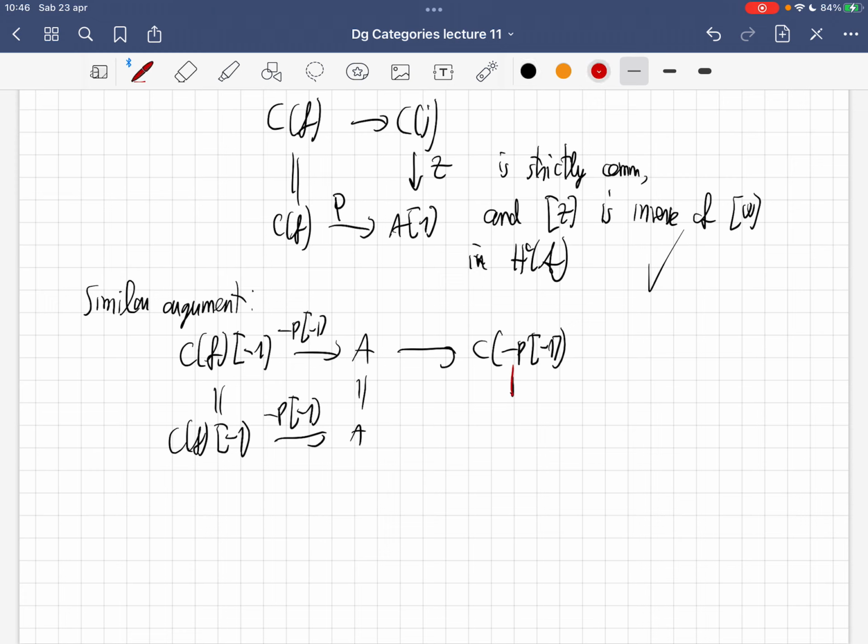It's kind of a dual, if you want, this W here, not the same W, but you get what you want. You get the point. Okay, then you have to find some commutativity in H0.